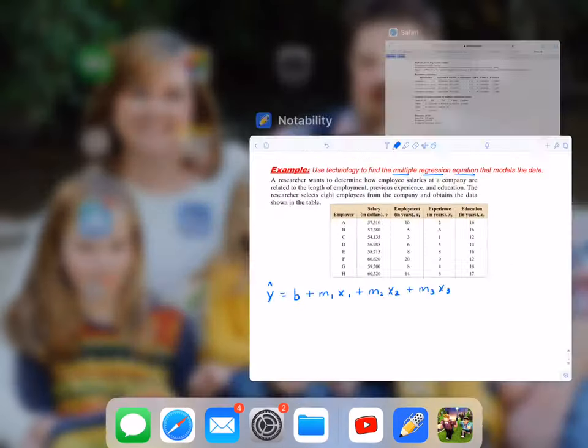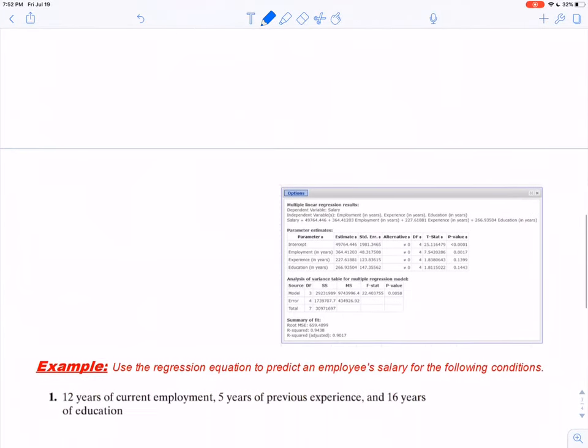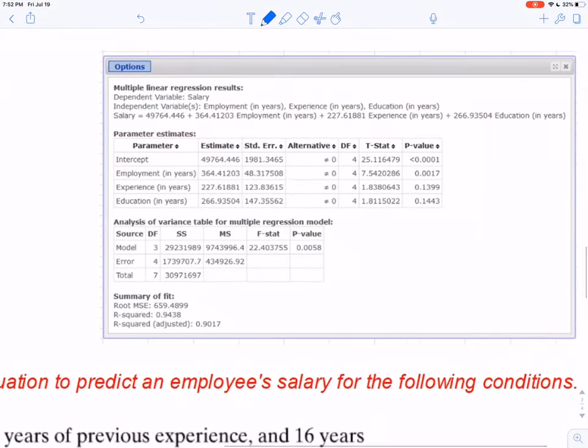All right, so using that information, I just put a little screenshot for you here. I'm going to use these values right here to define the multiple regression equation for the data set that we have.